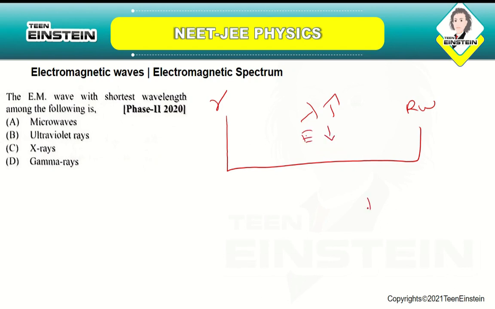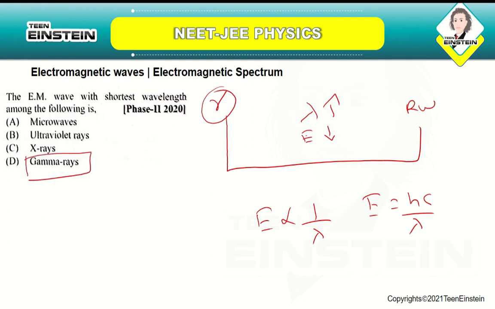Okay, because we know that E equal to hc by lambda, and E is inversely proportional to the wavelength. So, as the wavelength is increasing, the energy will decrease, and we all know that the gamma rays will be having the highest energy and it will also be having the shortest wavelength. So, the correct answer is option number D.